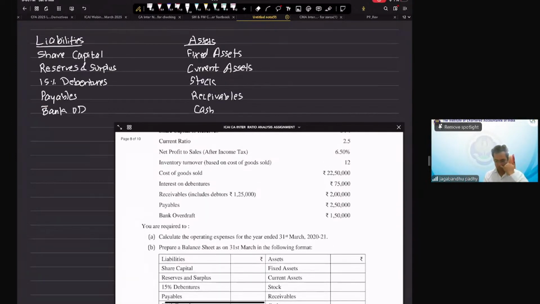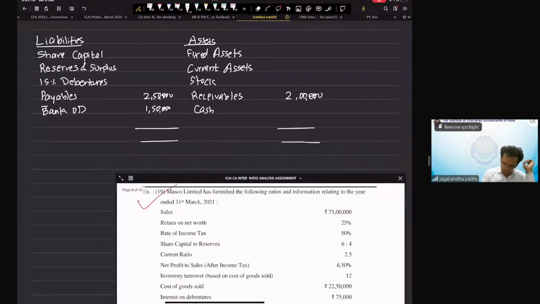Bank overdraft. Okay. COGS is given, interest on debentures is given. The receivables, which include 1 lakh 20, including debtors of 2 lakhs. So receivables, we can just write 2 lakhs. Payables is 2 lakh 50,000. These are the items that have been already given to us. And then bank OD is 1 lakh 50,000.